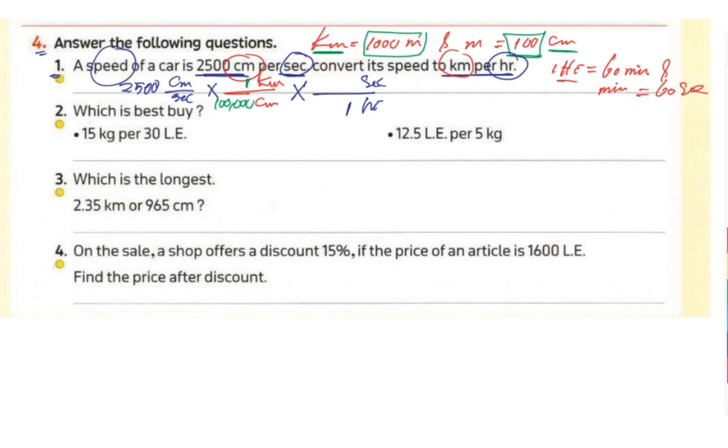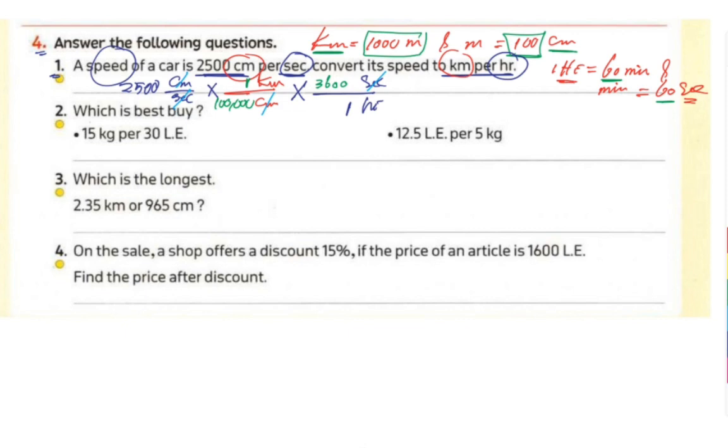So from hour to second, I will multiply 60 by 60. 6 by 6, 36, and we have 2 zeros. That's easy, okay? Now what do we have? I have centimeter and centimeter, centi by centi. I have second by second.